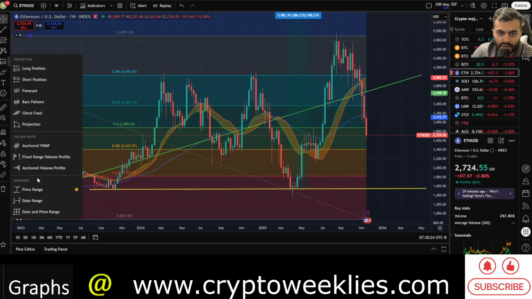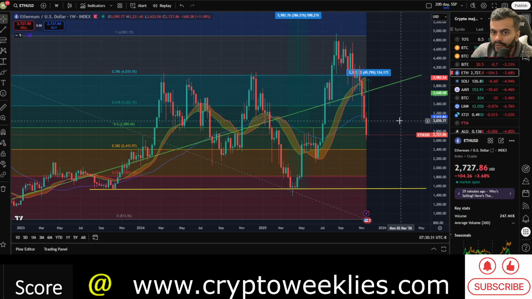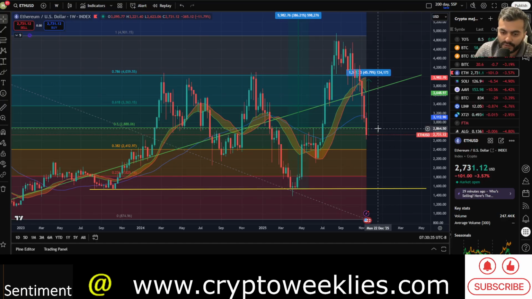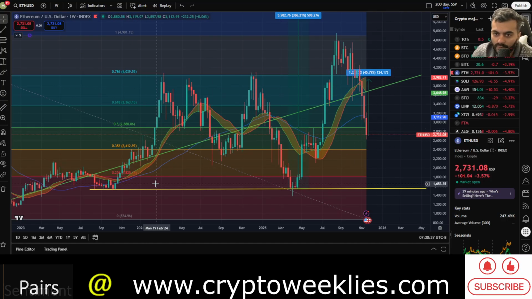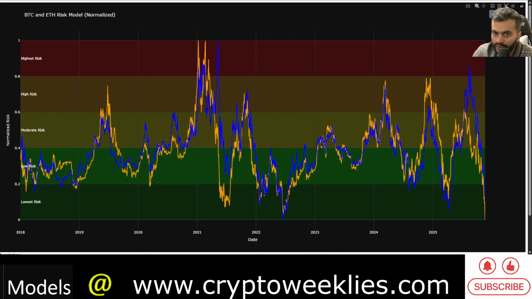If you were to check the delta between the price and the 20-week simple moving average for ETH, it is at around 45%. So in terms of percentage, ETH has dropped a lot from its 20-week simple moving average, but historically speaking, that is still within the realms of what ETH used to do historically. That's why the risk with ETH accumulation is higher than with BTC accumulation at this point.